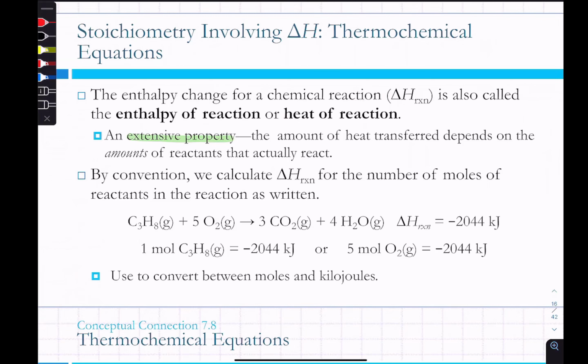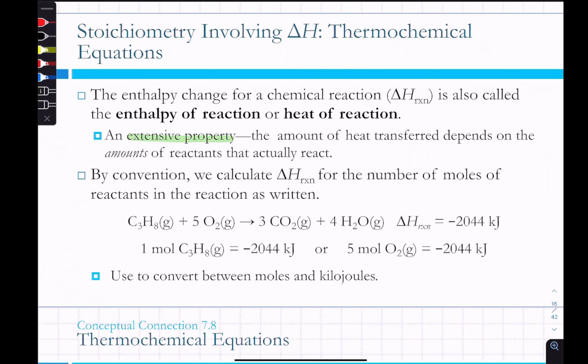So for 1 mole of propane, we would get out 2,044 kilojoules. Or for 5 moles of oxygen, we would also get out 2,044 kilojoules. So this number, the enthalpy of the reaction, is in a stoichiometric relationship with the balanced chemical reaction.